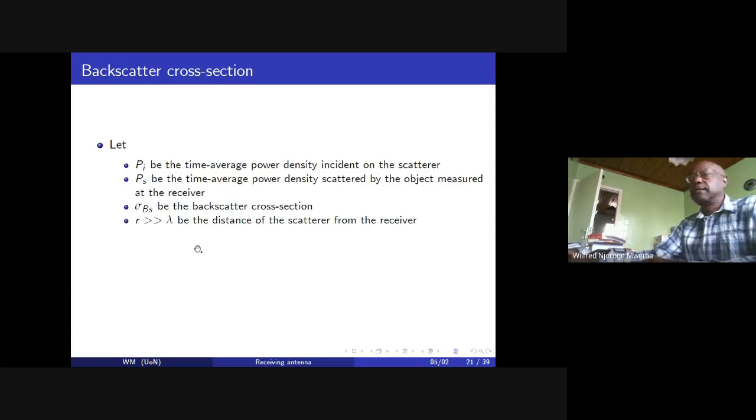So R is assumed, that is the scatterer is assumed to be a distance R from the receiver that is much larger than the operating wavelength. Hence, the PS received at the receiver will be given by this backscatter cross-section of the object multiplied by the power incident on it divided by 4 pi r squared.